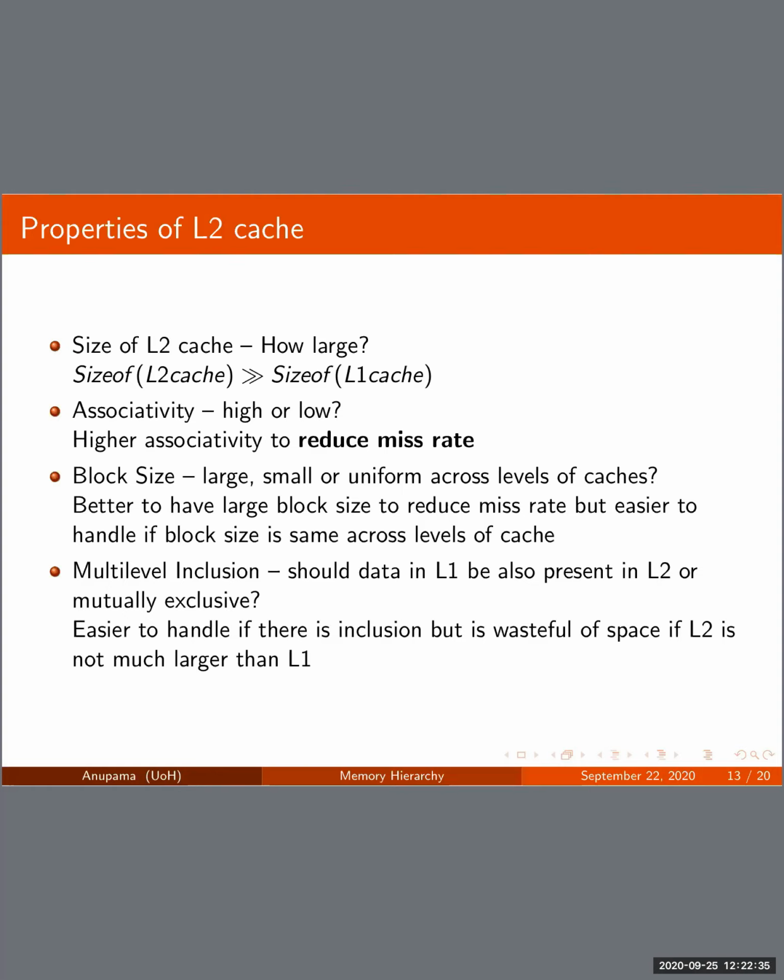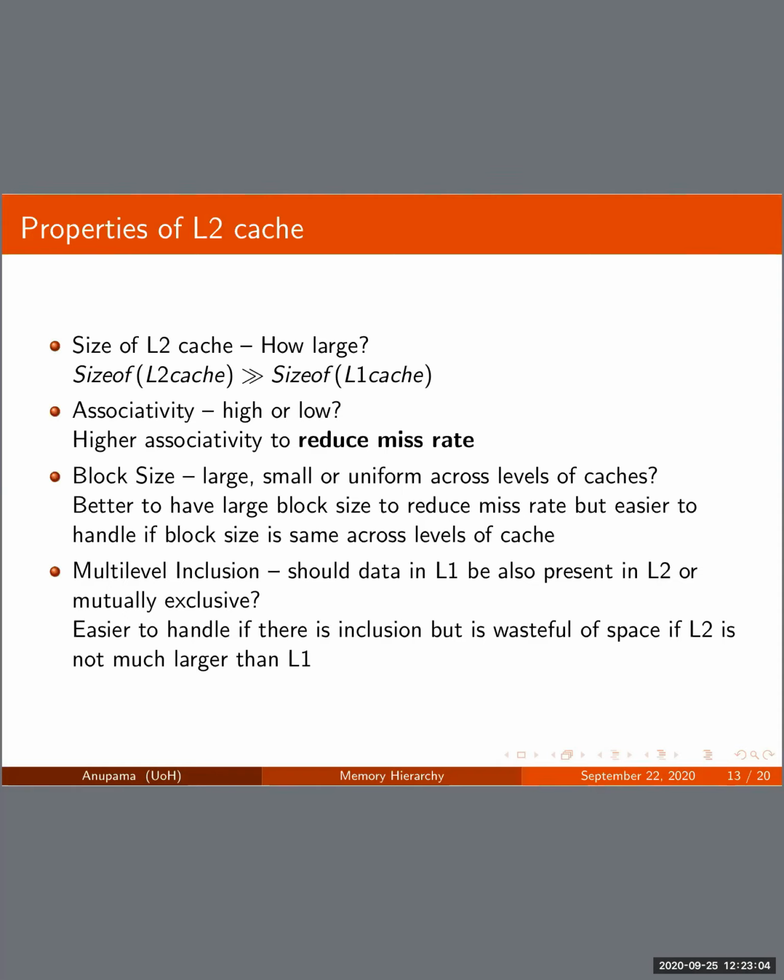So if you have a block size of 128 bytes in L2 and 64 bytes in L1, then if you replace a block in L2, you will have to replace 2 blocks in L1. This sort of complex logic will be needed if non-uniform block sizes are present in the different levels of the cache hierarchy.